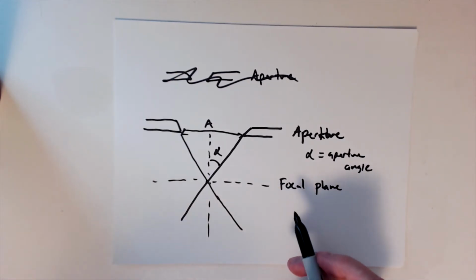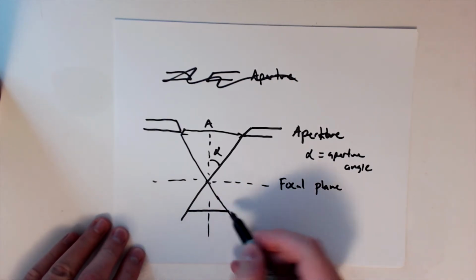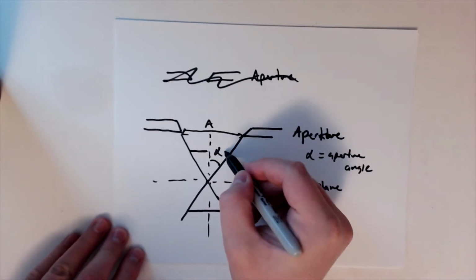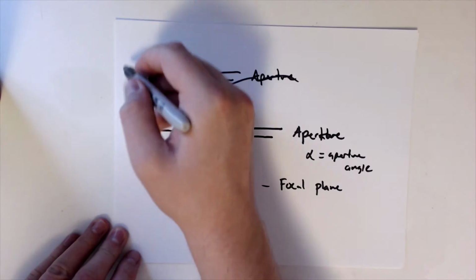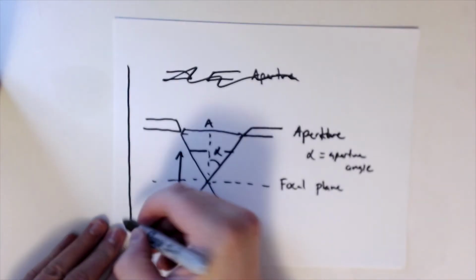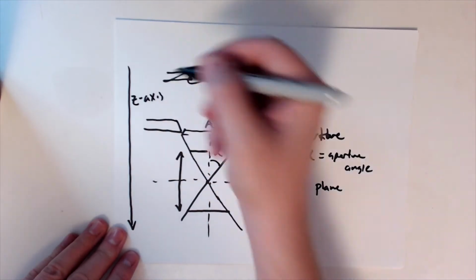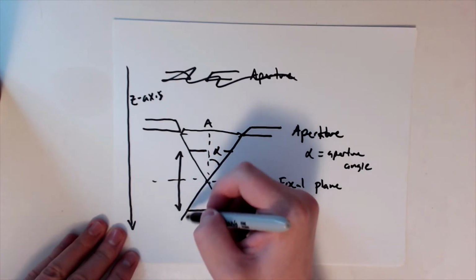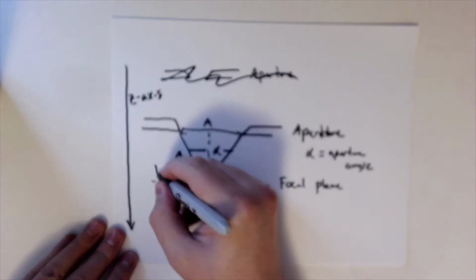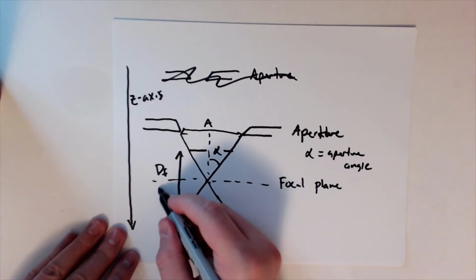So in actuality, though, there's a range. So maybe from here up to here. So this is our, and just to be clear, this is our z-axis. So there's a range of positions, and we're going to call that d sub f for depth of field.